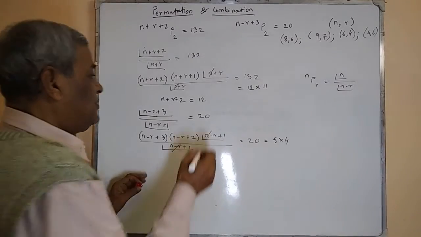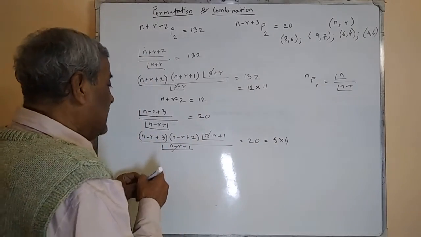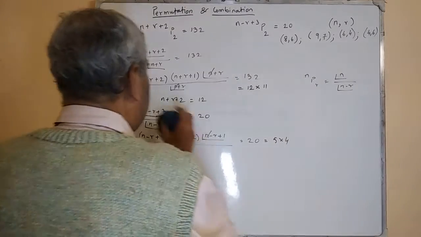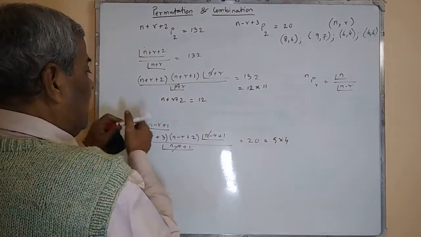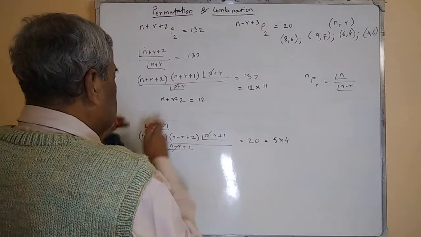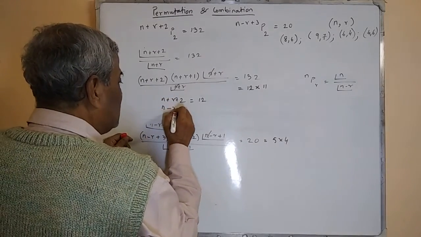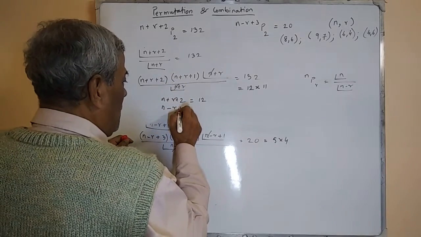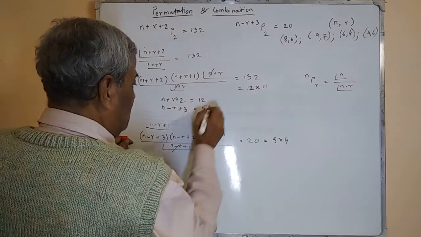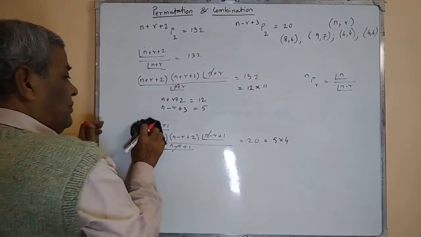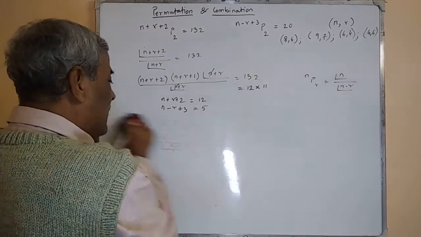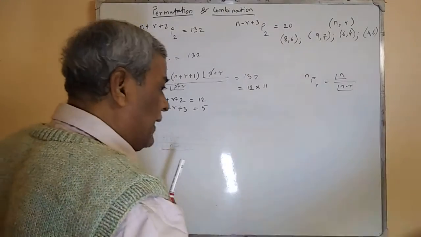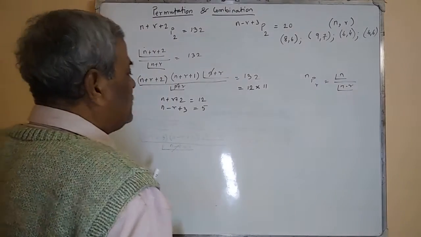So now we get n minus r plus 3 is equal to 5. Very easily, these are two linear equations containing n and r. So you can very easily solve that.